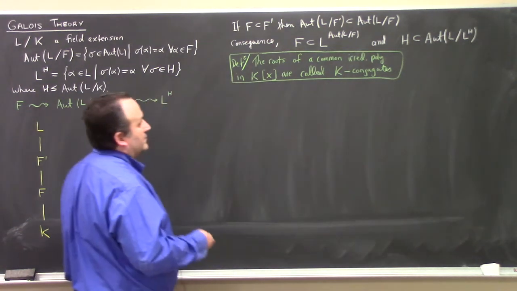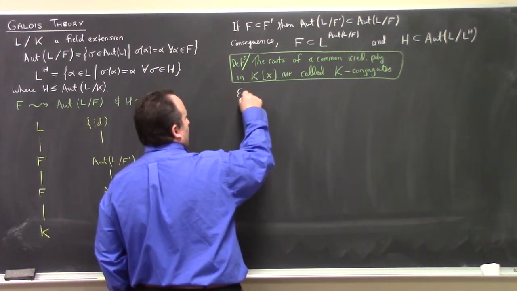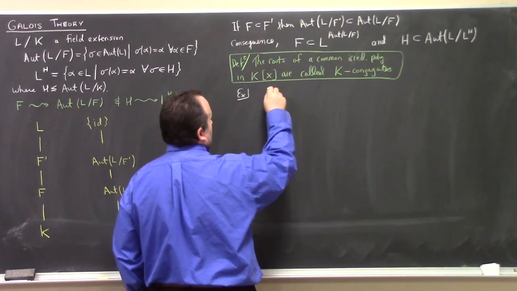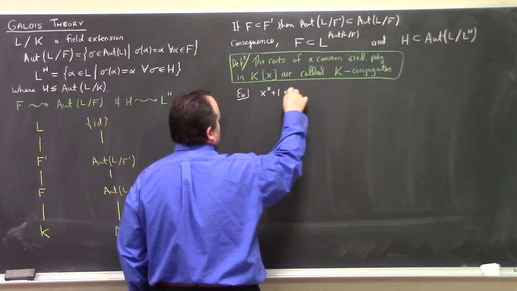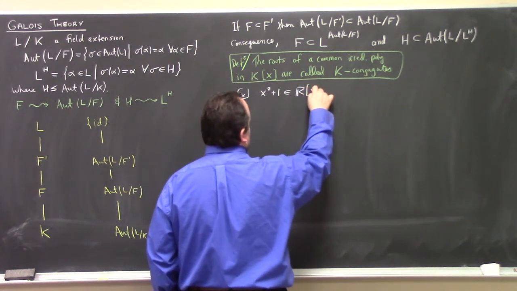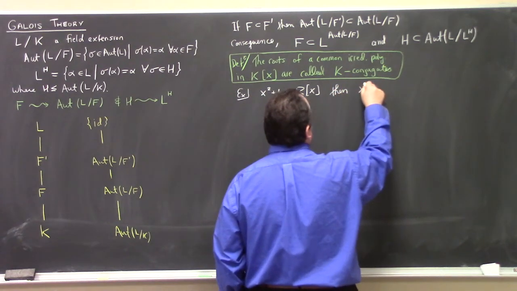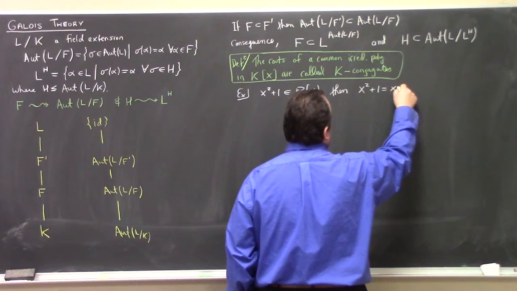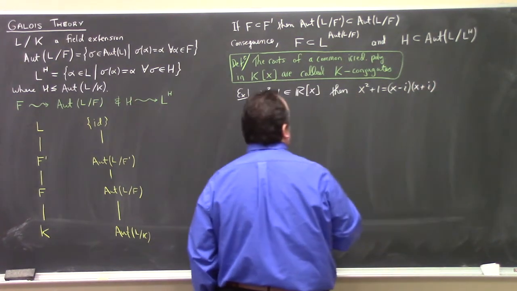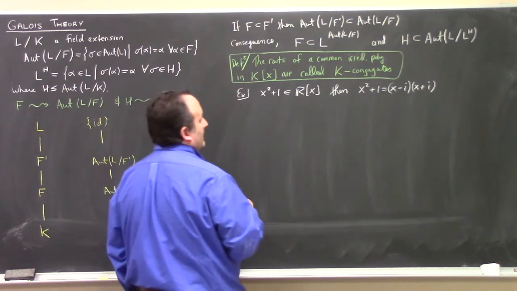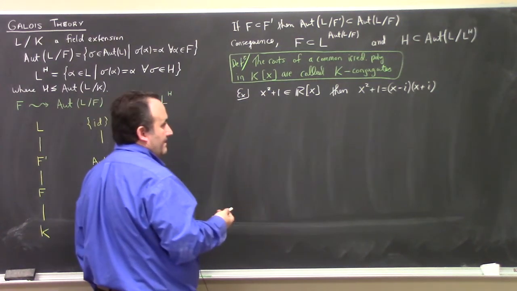Right, so, for example, if we have x squared plus 1, an element of R[x], then, as you know, x squared plus 1 is (x minus i) times (x plus i). So what are the roots here? i, minus i.